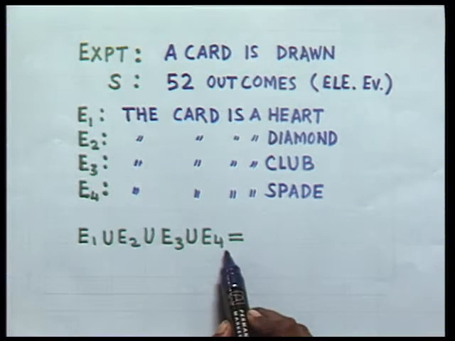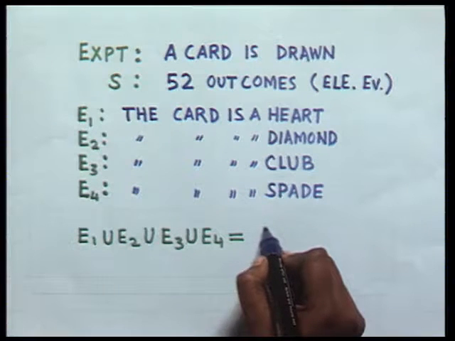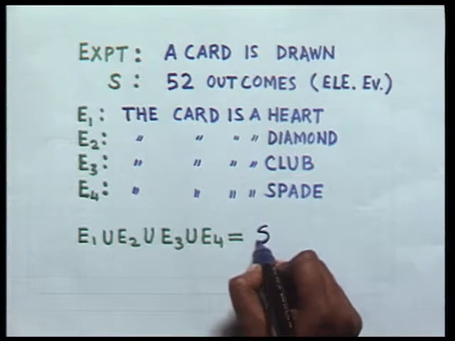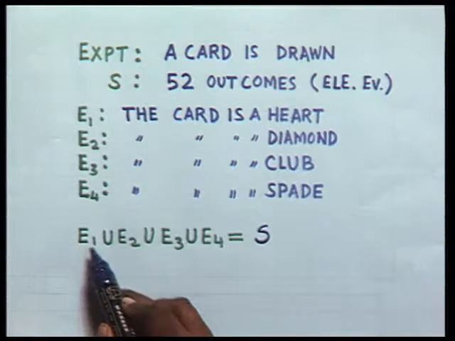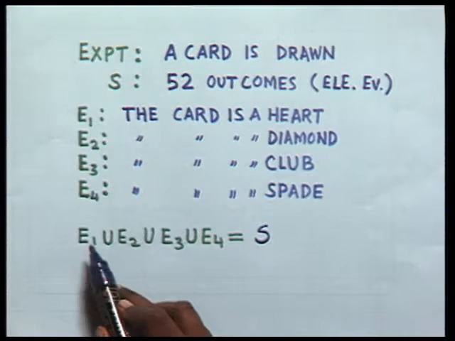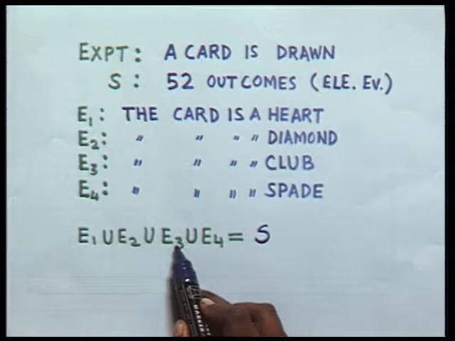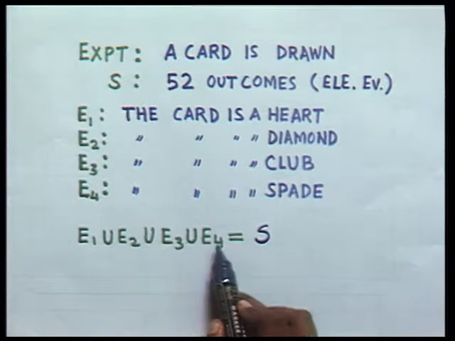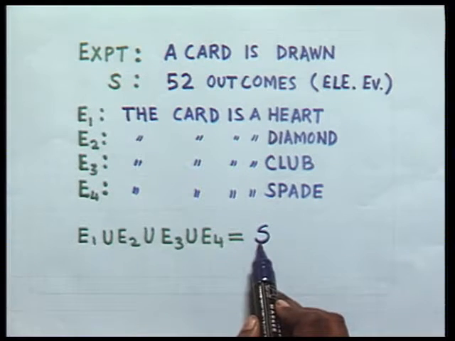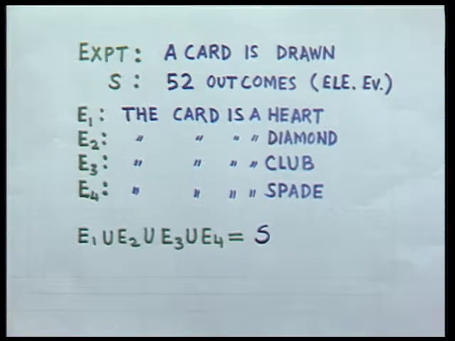Also, event E1 union event E2 union event E3 union event E4 gives us the sample space S, because E1 has 13 elementary events, E2 also has 13 elementary events, E3 also has 13 elementary events, and E4 has 13 elementary events. So, that makes 52 outcomes, that is the sample space.